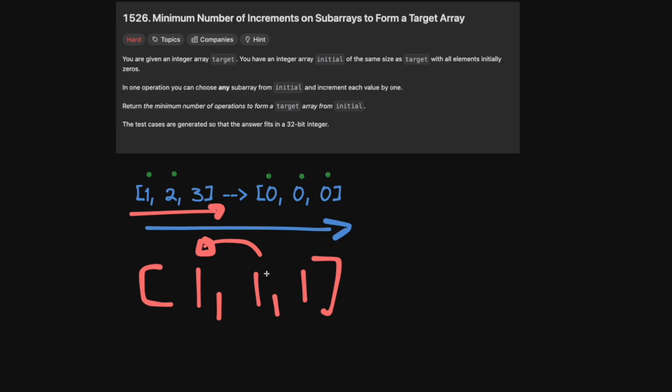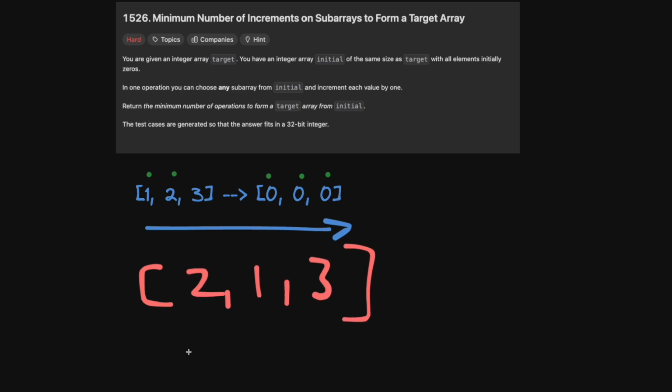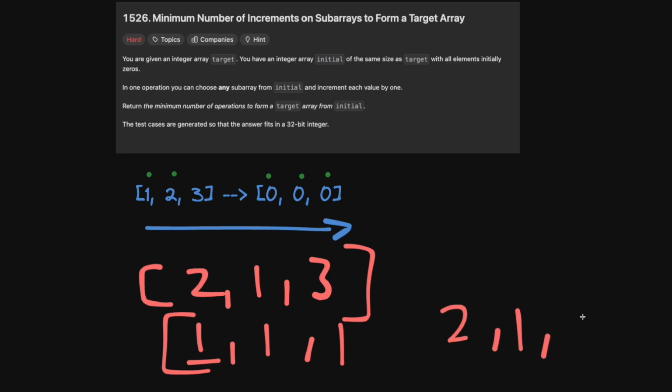So for example, if we were looking for, let's say, 2, 1, 3, obviously we'd increment everything by 1, but we would need to increment this to 2, so we'd have 2, 1, 2, and we want to prevent us from over incrementing this middle index when we're considering how many increments we need to do.